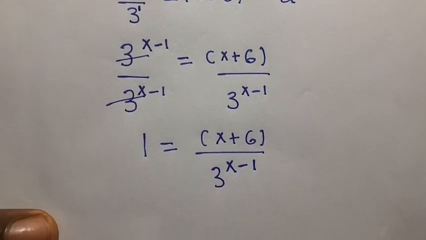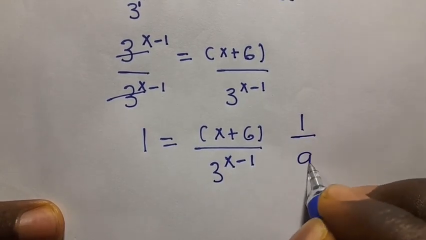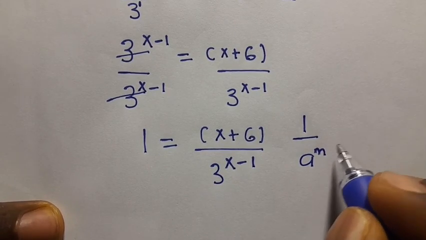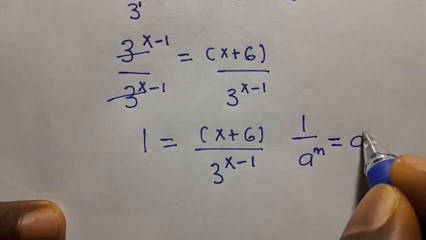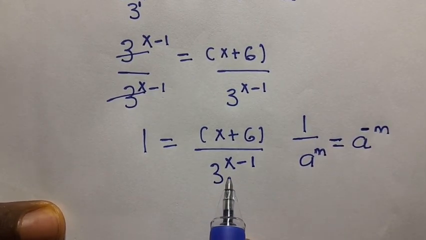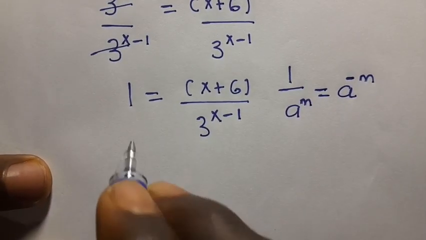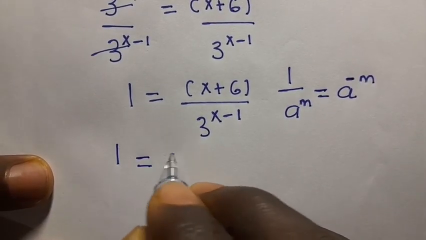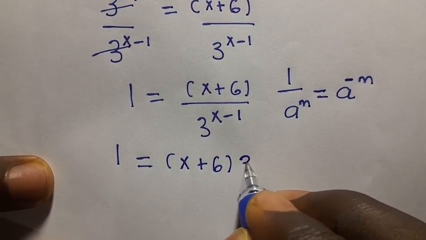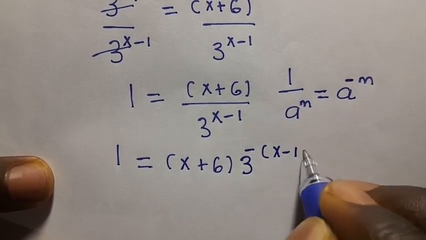Then note that in law of indices, when you have 1 divided by a raised to power m, if you want to take this back to negative index, it will be a raised to power minus m. Applying it to this one, we are going to have 1 equals x plus 6, then 3 raised to power minus into bracket of x minus 1.